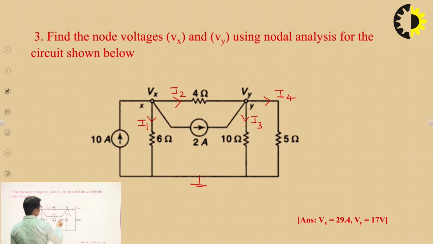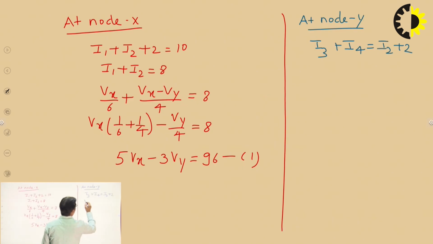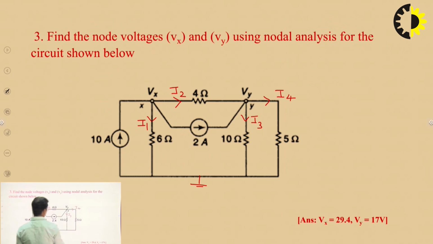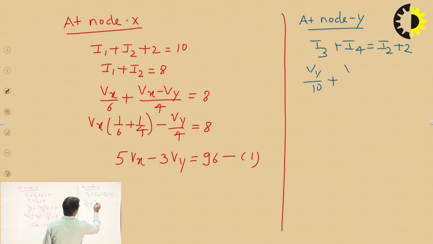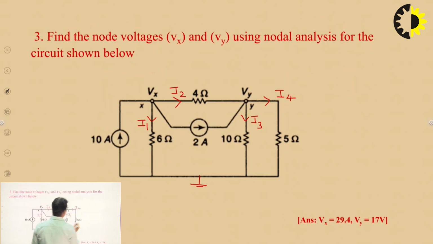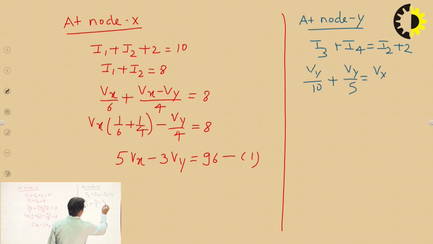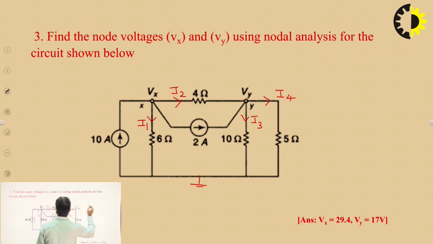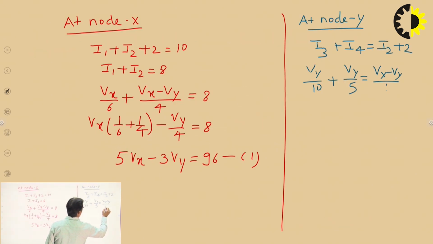Here I3 is Vy upon 10, plus I4, which is Vy upon 5, because I3 and I4 are both associated with this node Vy. So Vy upon 10 plus Vy upon 5 is equal to I2, which we have taken as Vx minus Vy upon 4, plus 2.